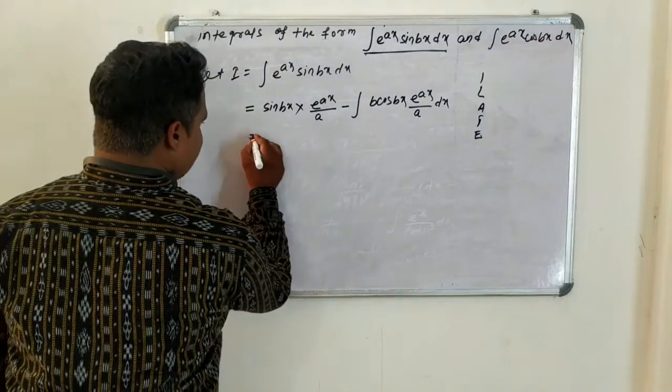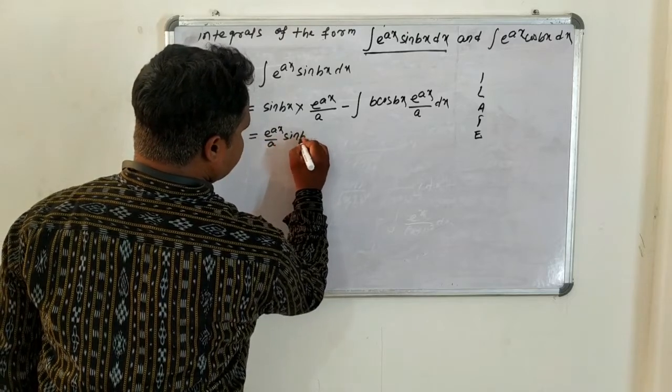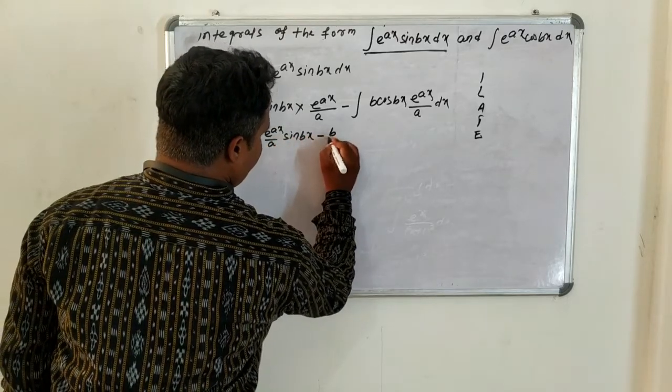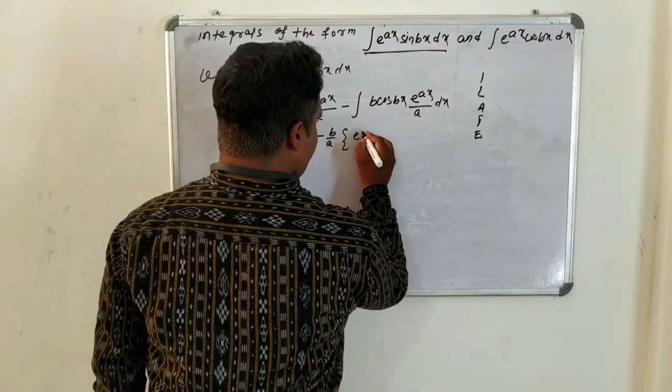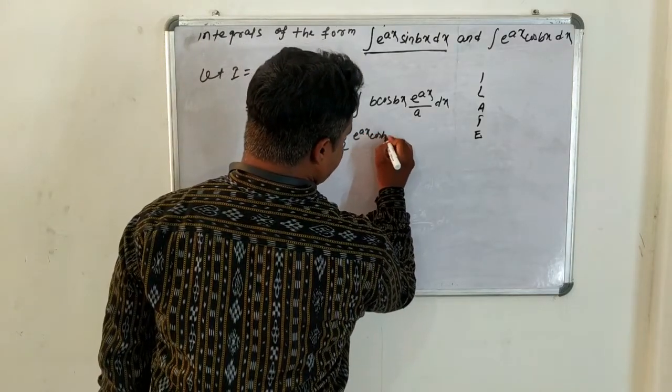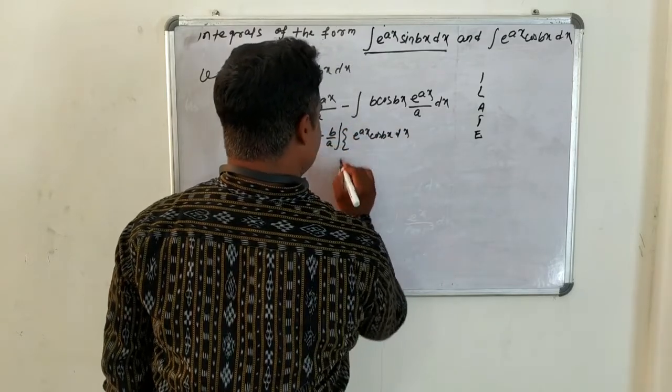So this value equals e to power ax by a sin px minus p by a, the constant factor taken common, integral of e to power ax cos px dx.